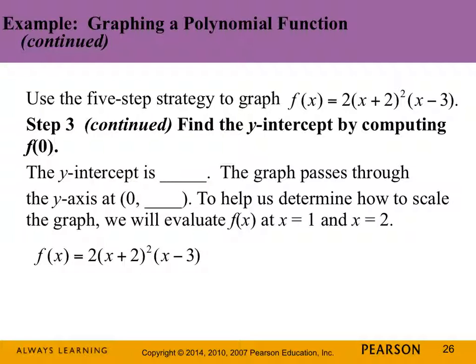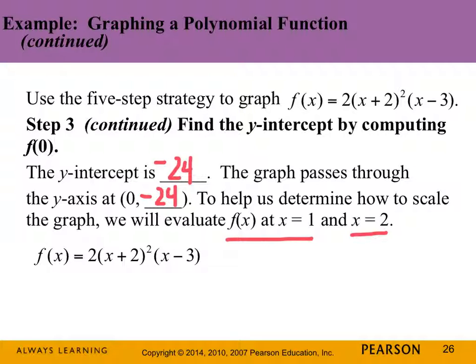Okay, so as we just said in step 3, the y-intercept is negative 24. That means the graph passes through the y-axis at the point 0, negative 24. To figure out what the rest of this is going to look like, let's figure out what f of x is at x equals 1 and at x equals 2.